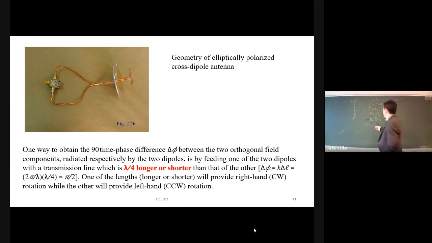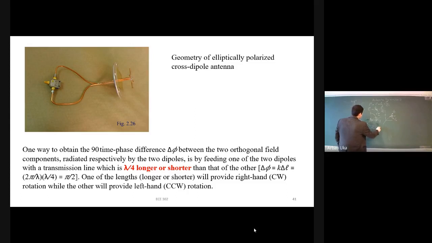And just as a reminder, we know that the wavelength is equal to the speed of light divided by the frequency. And here we're talking about 3 times 10 to the power 8 divided by the frequency, which would be, let's say, 1 gigahertz. What is 1 gigahertz? It's 10 to the power 9. So in this case, we have 3 times 10 to the power minus 1, you can correct me.